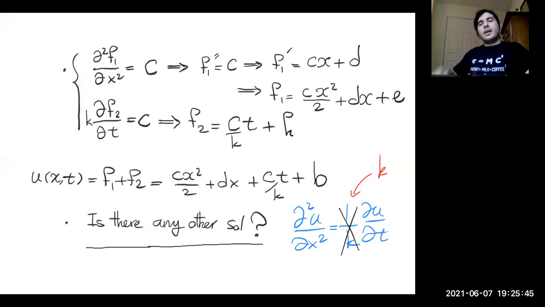So do we have any other solution to this equation? Does anyone have any idea how we might find another solution to this equation? Okay, so the idea to find another solution is kind of similar to the first one. Okay, there is a guess. I see.